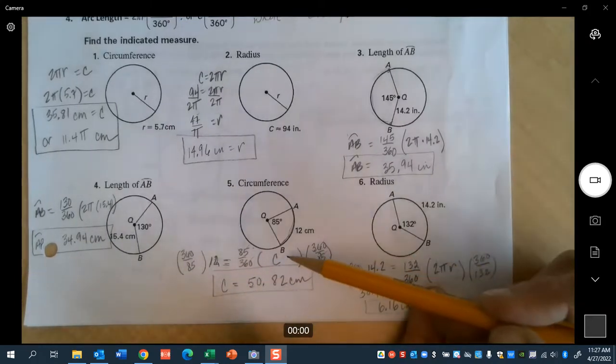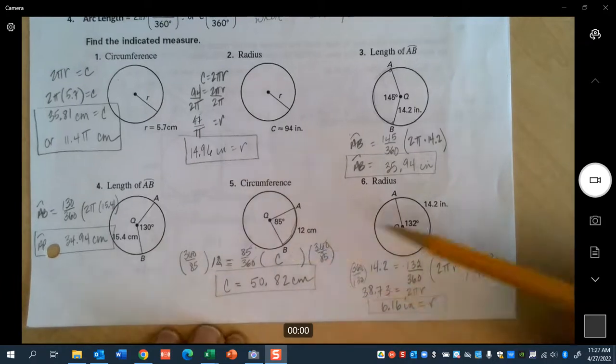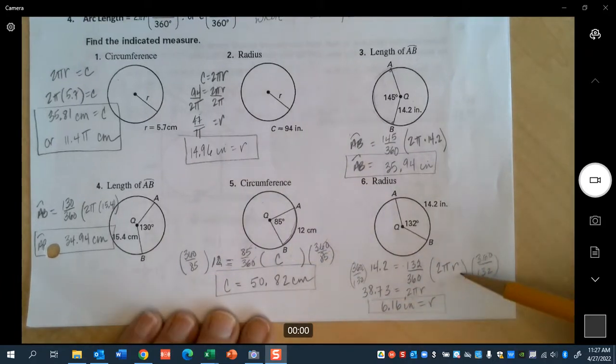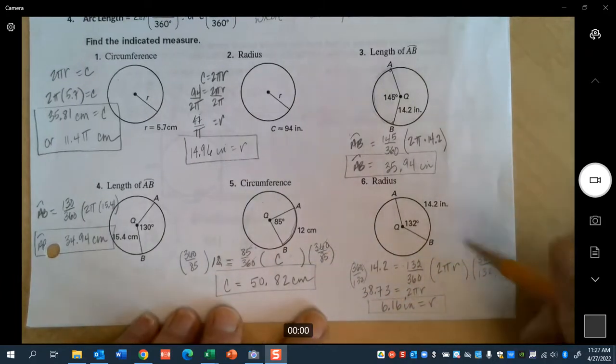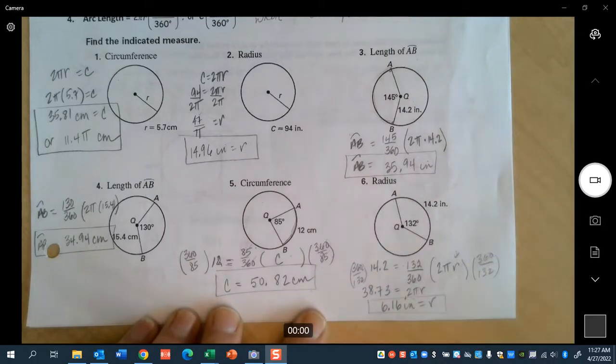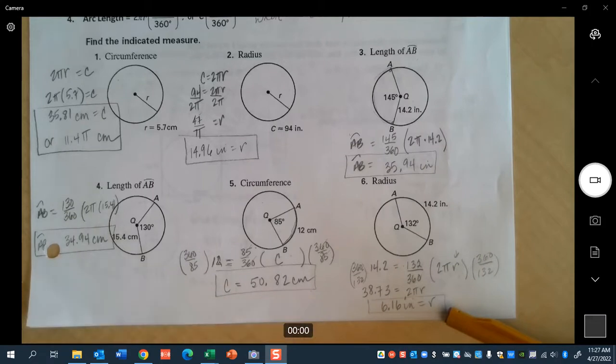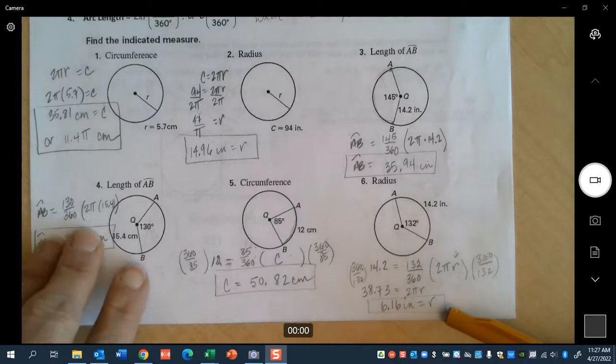And instead of writing it as a C for the circumference, I have to write it as 2 pi r because I'm going to have to figure out what this r is equal to. My reciprocal takes care of this coefficient. My 360s cancel out. My 132s cancel out. Times 14.2. And that's how I get that radius. Are you okay with that? Okay. Any other questions on page 1?